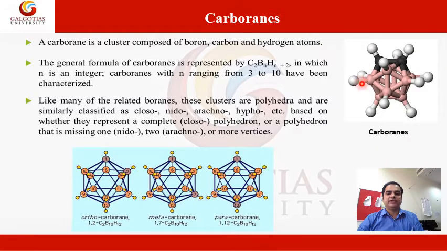In this figure, we can see a ball and stick model of the carboranes, in which white balls represent the hydrogen atoms, pink balls represent the boron atoms, and black balls represent the carbon atoms present in carboranes. Like many boranes, these clusters are also polyhedral, and similarly they can be classified as closo, nido, arachno, hypo types based on whether they represent a complete closo polyhedron or a polyhedron that is missing one vertex (nido), two (arachno) or more vertices.